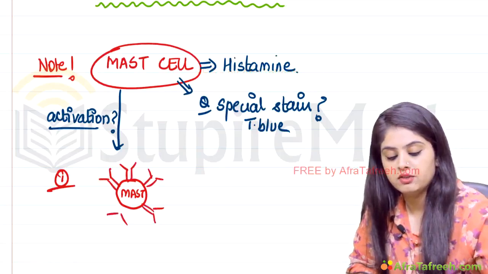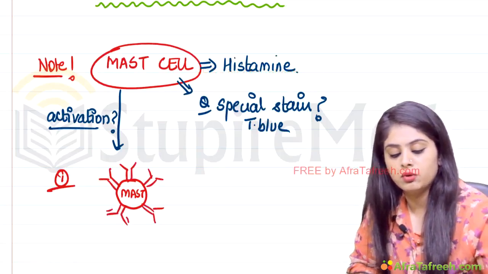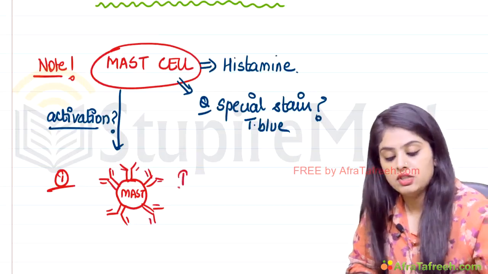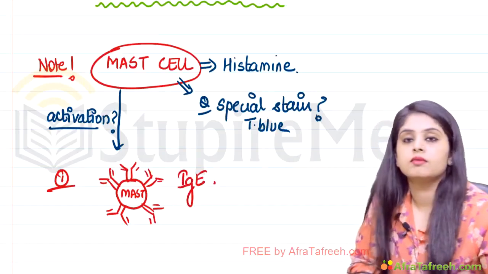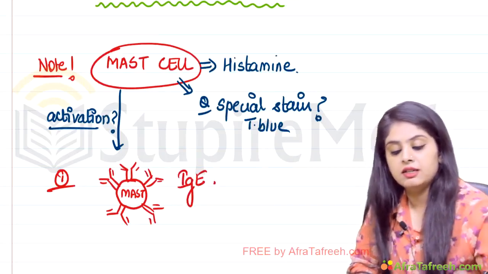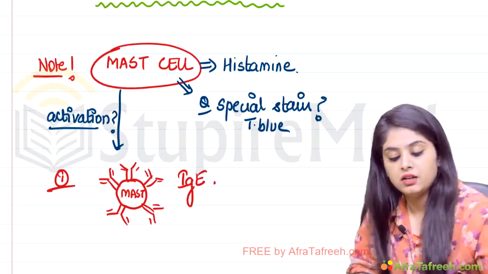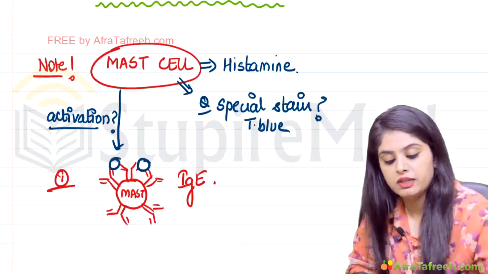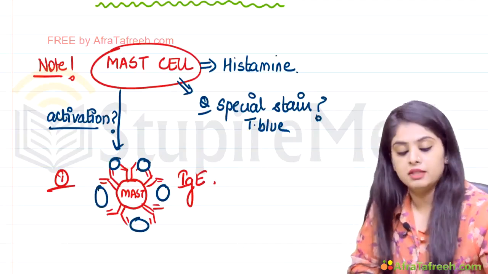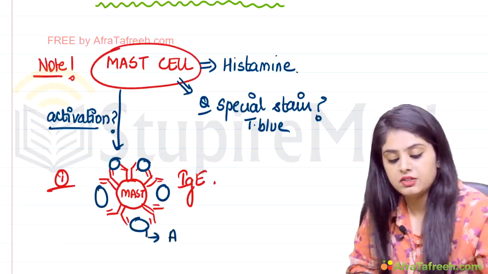I hope everyone can recall this is the structure of an immunoglobulin. Particularly remember IgE. When they get coated by IgE, and IgE then undergoes polymerization. How will it undergo polymerization? When something comes and binds them. This is the antigen.